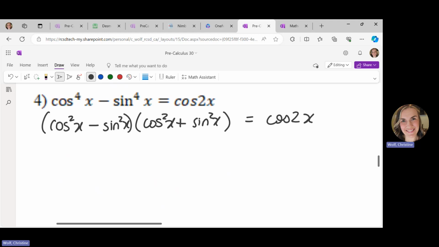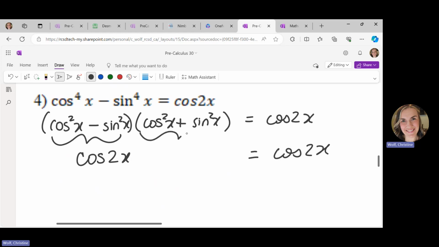And that looks really like my right side. So I'm happy because it means I'm getting close. Okay? So this whole guy subs out for cos 2x. Well, I want my right side to equal cos 2x too. So I kind of feel like I'm really close to being done.